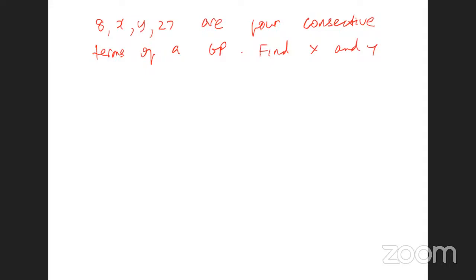The question said that there are 4 consecutive terms, so you have to be careful. The question didn't say 8 is the first term, but it could work if you treat 8 as the first term. Here, the first term we see is 8.